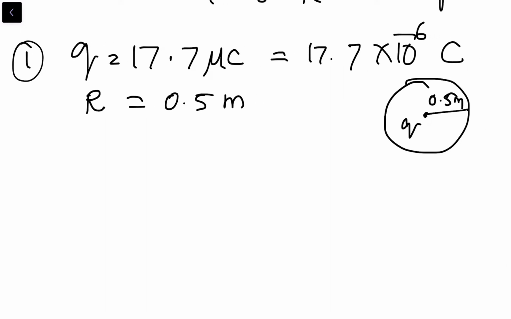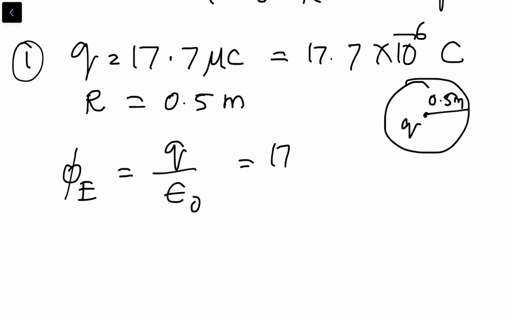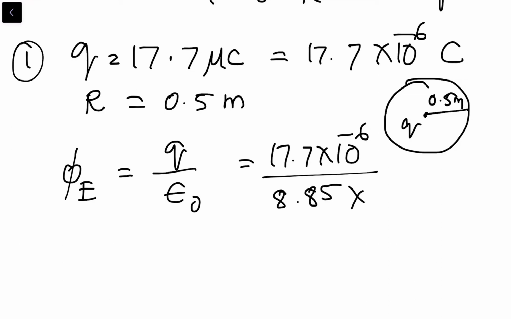Flux phi E is equal to Q by epsilon naught, that is 17.7 into 10 to the power of minus 6, divided by the epsilon naught value, 8.85 into 10 to the power of minus 12.